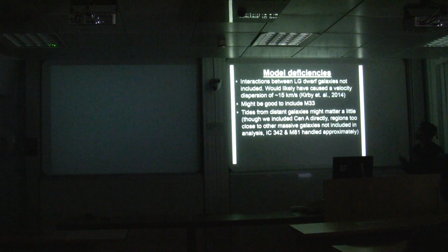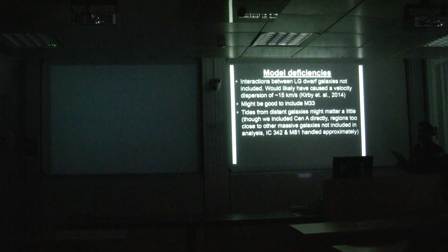First of all, interactions between galaxies in the local group, other than the Milky Way and Andromeda, aren't included, right? They're quite light, low mass, so they would have caused a velocity dispersion of about that order. If you look at the internal velocity dispersion, there's a maximum possible from a close encounter between them. We did include galaxies like the Triangulum.